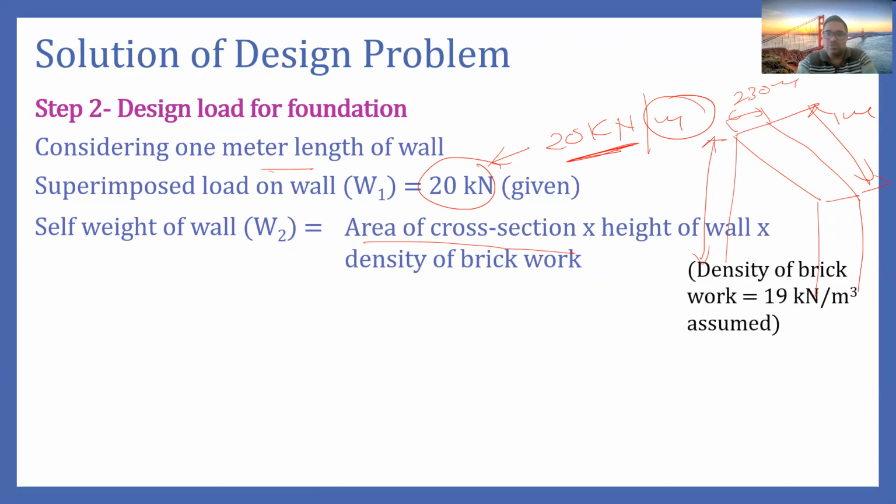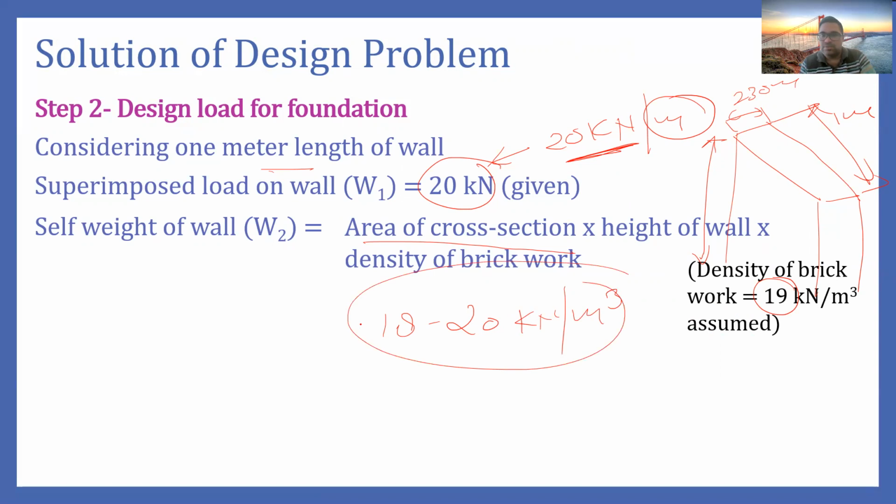Also, density of brickwork is not given, so we are assuming this value as 19 kilonewton per meter cube. I have told you that when the density of brickwork is not given, the value lies between 18 to 20 kilonewton per meter cube, so we can adopt a value in between.